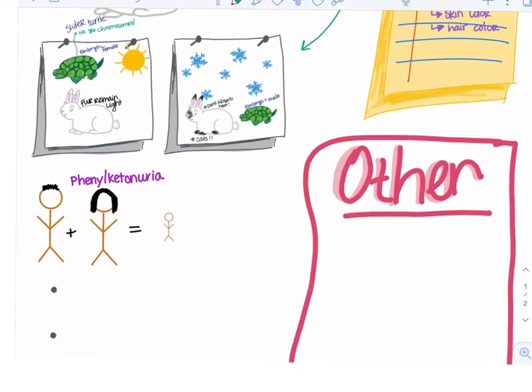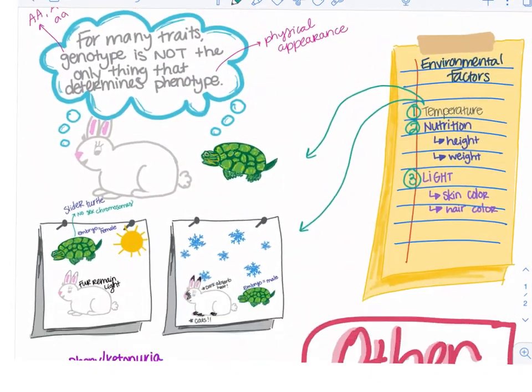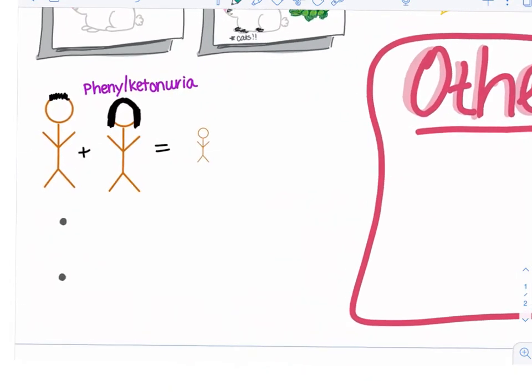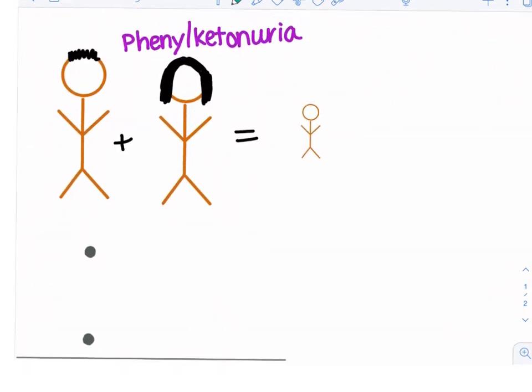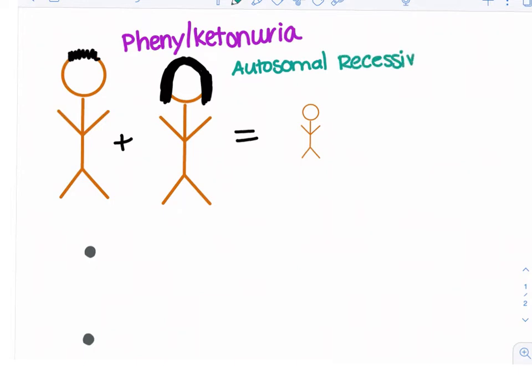Some other examples are phenylketonuria. So this is an autosomal recessive disorder. Autosomal means it is carried on one of the chromosomes that's not a sex chromosome.